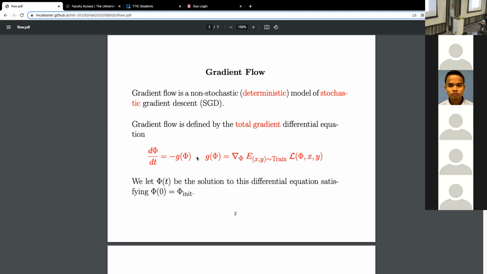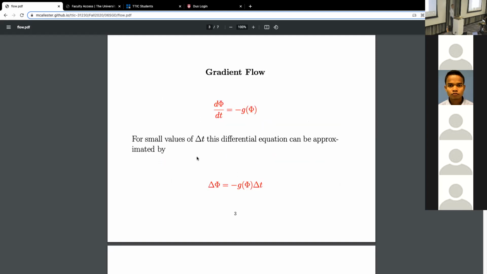Now, why am I talking about this? What does it mean? Well, suppose we were to do a numerical approximation of that differential equation. I'm going to take discrete time steps, and I'm going to try to make my discrete time steps small enough that I can approximate the next value of the parameter as the derivative times delta t.